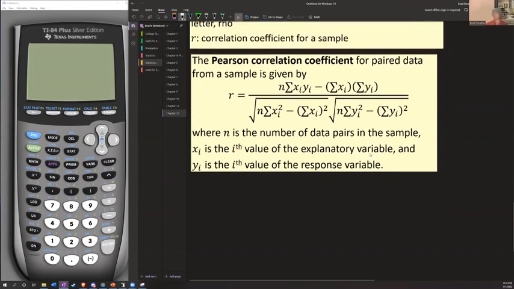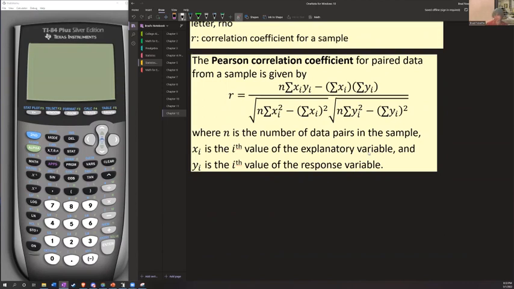So the Pearson correlation coefficient for paired data from a sample is given by R equals N, your sample size, times the sum of the product of your explanatory times your response, minus the product of the sum of your X sub i's times the sum of your Y sub i's.